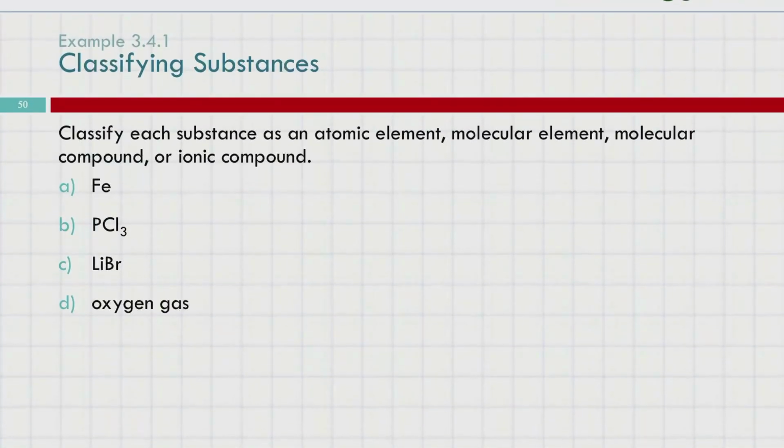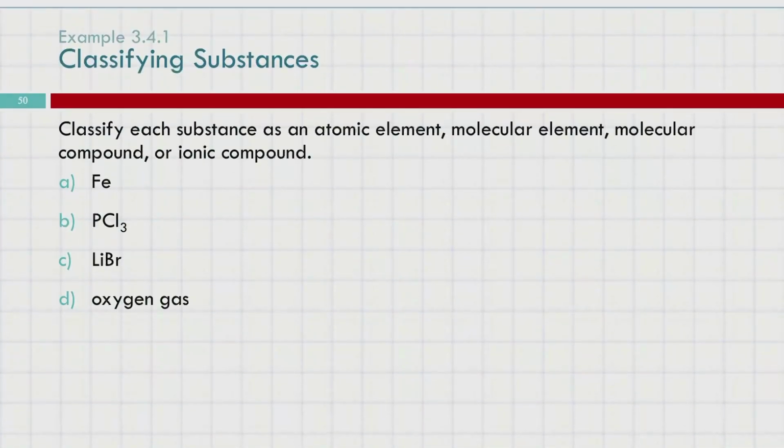All right, we have 4 substances here. Let's classify them as either an element or a compound, and then we can further divide those to atomic element or molecular element, molecular compound, or ionic compound.